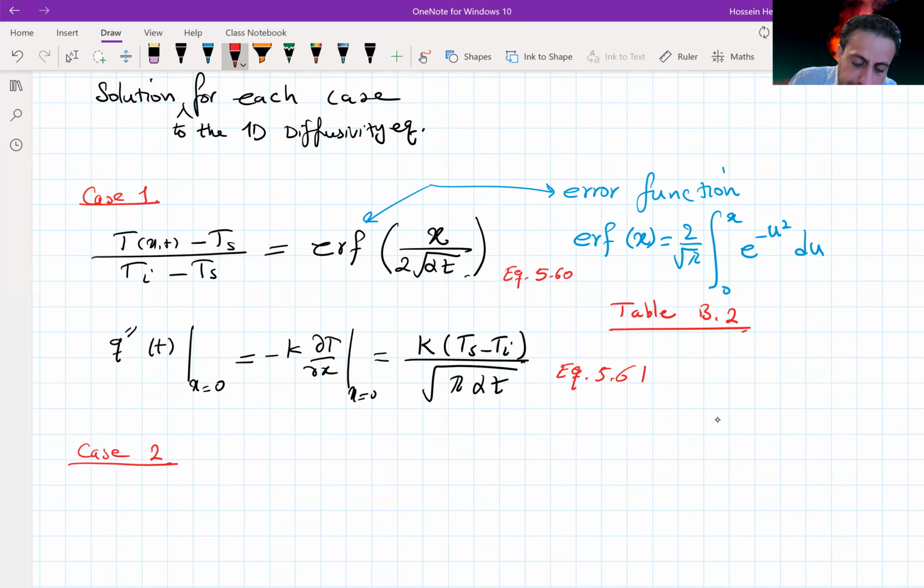This is for case 1 that we had a constant temperature. For case 2 that we have a constant flux. Case 1, constant temperature as a boundary condition. Case 2, constant flux.